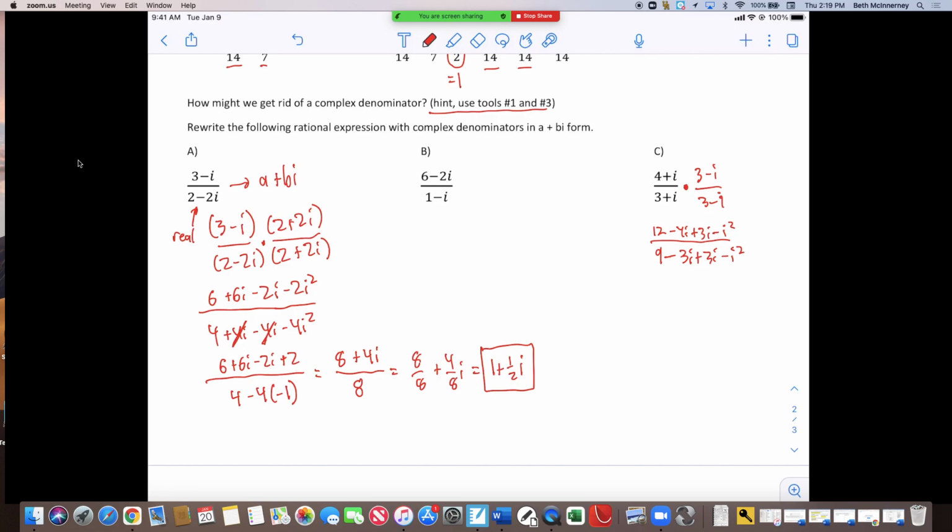And then that will simplify down to 12 minus 4i plus 3i plus 1 over 9 plus 1, which is going to be 13 minus i over 10. And that's going to be our complex number.